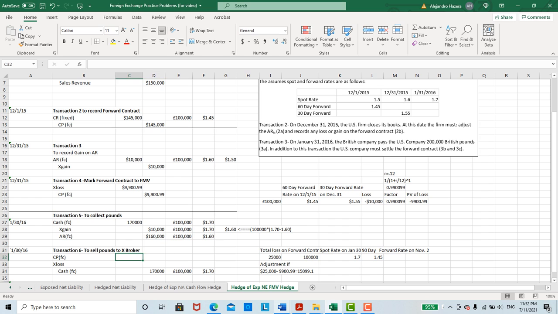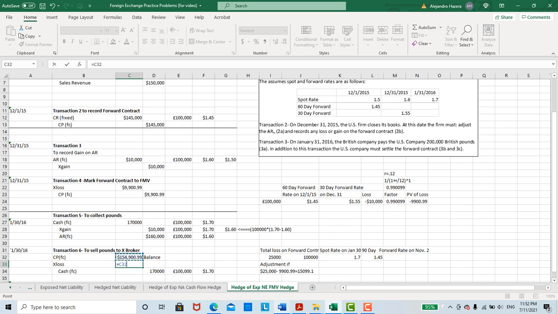The contract payable account has a balance, so there's your contract payable account. That's just your balance. And the difference between the two will be your exchange loss.